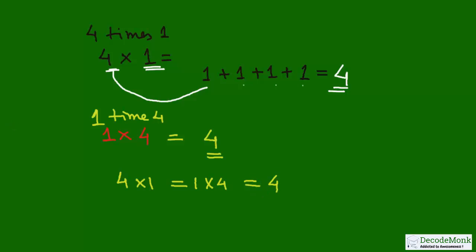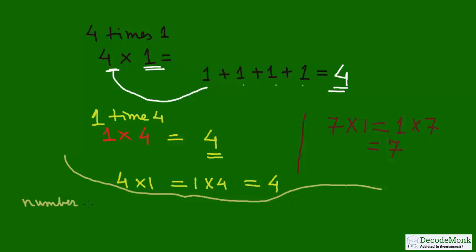Similarly for some other number, 7 into 1, or 1 times 7, will always be equal to 7. We can generalize this whole knowledge in one single statement. You take any number and multiply that by 1, it will be equal to that particular number. Similarly, if you reverse that, 1 multiplied by that number will be equal to that number.